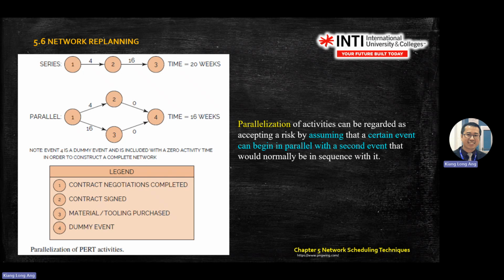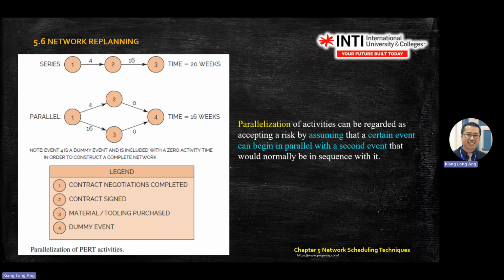One method is called parallelization. Parallelization can be regarded as accepting a risk by assuming a certain event can begin parallel with a second event that would normally be in sequence with it. So you see series number 1, 2, 6. The total time you need is 20 weeks.